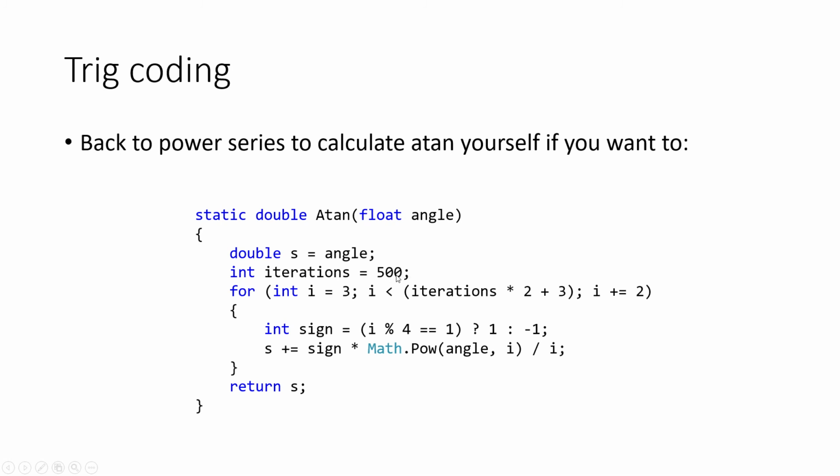And the difference for this is because the numbers can be so large with atan, it needs a lot more iterations to get the same level of accuracy. So this is definitely not an efficient way of doing it. There's definitely better ways using CORDIC, but this will work, and it's going to do lots of huge powers and huge numbers and so on. So it's definitely not efficient, but it's basically the same idea. It's just to show you can use a similar thing for atan, sine, even cos, but not today.